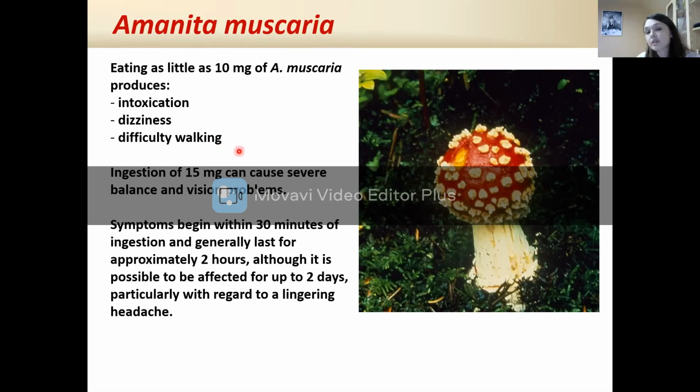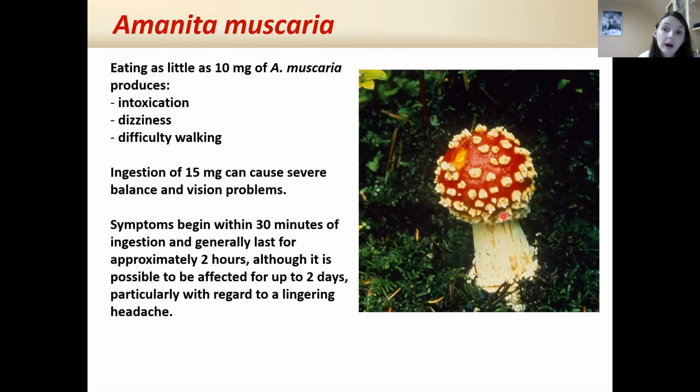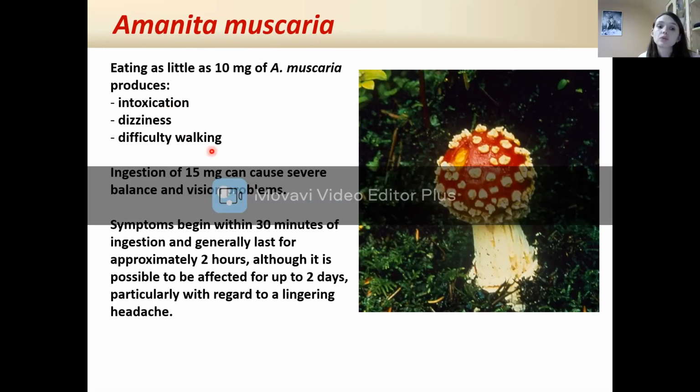So when a person eats poisonous mushrooms which contain muscarine, it will bind to the muscarinic receptors and lead to these symptoms, which could last about 30 minutes to 2 hours. And mostly it brings a lot of discomfort for the person.